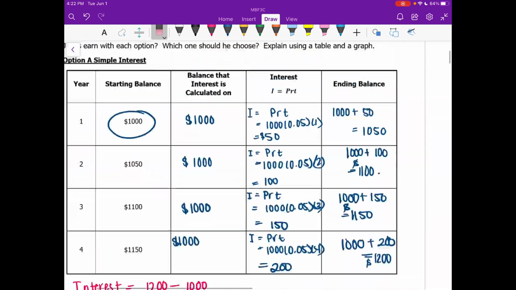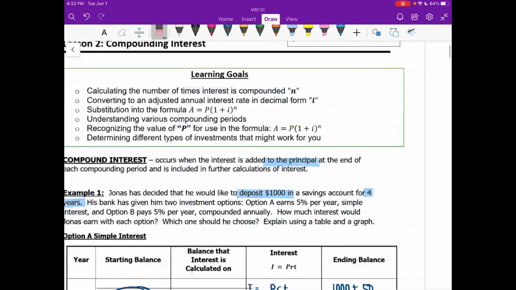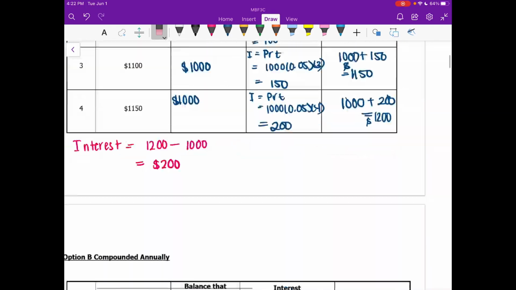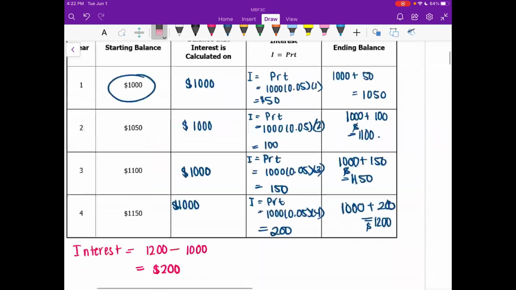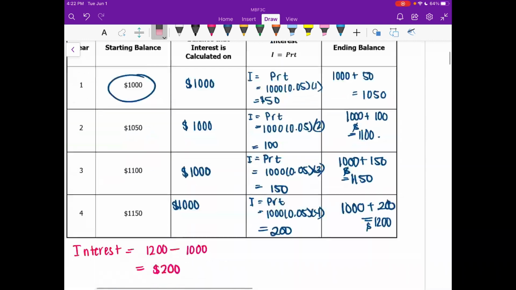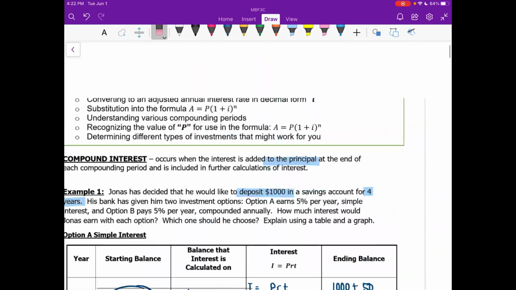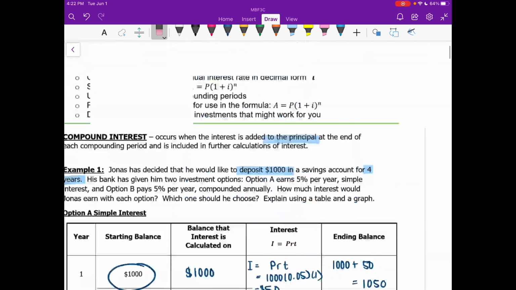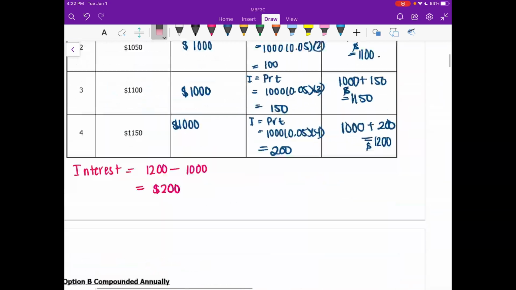So now your interest is going to be I equals P, and your new principal is going to be 1050. Your interest rate stays the same, so it's 0.05. And your time is going to be 1 year because they reinvested it. So it's going to be just 1 year on this new principal balance. So now it's going to be 1050 times 0.05 times 1. So instead of making just $50, you're making $52.50 in interest, right?